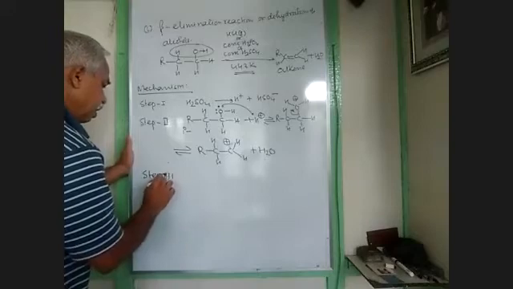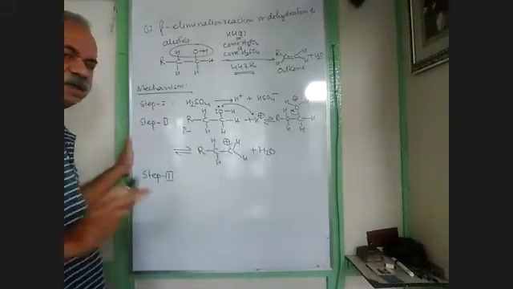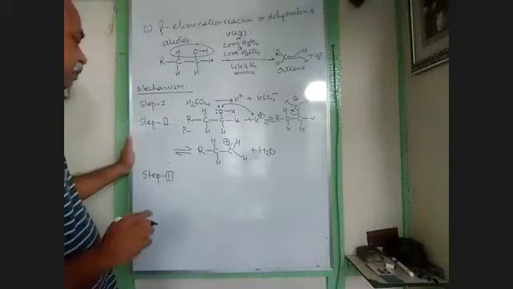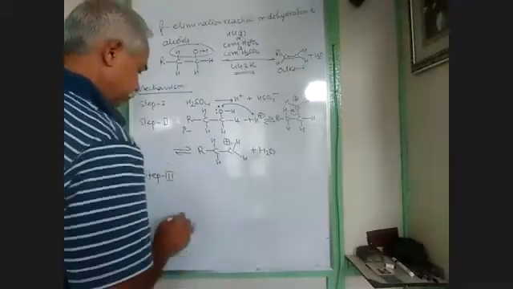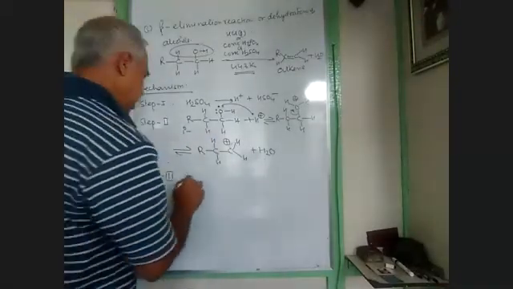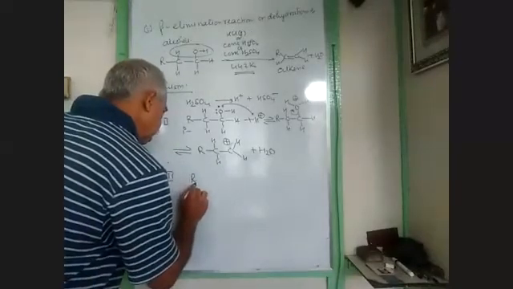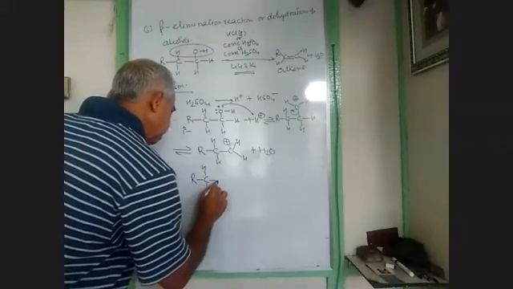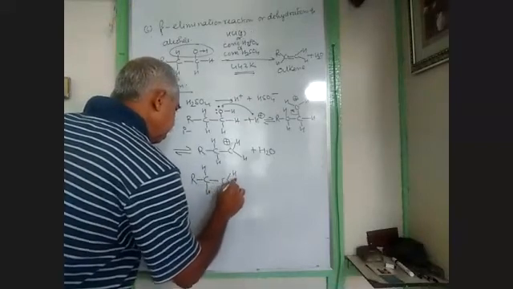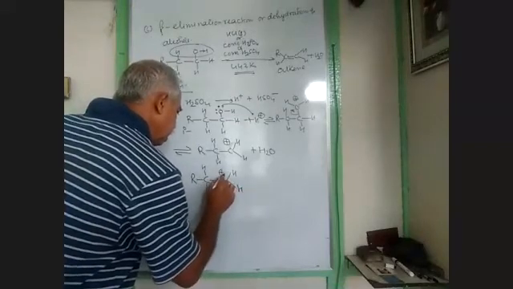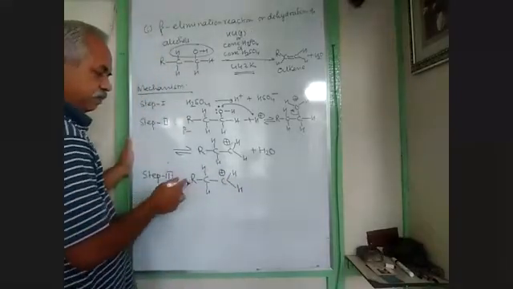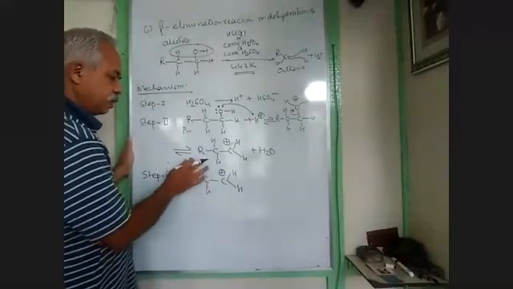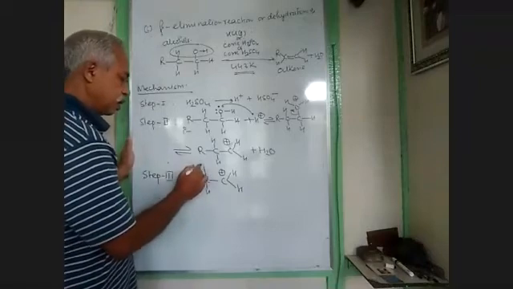See, these are reaction intermediates. Reaction intermediates are not stable. So what is going to happen now? R, C, H, H, H, H. Clear? Now see, this carbon hydrogen bond has how many electrons? 2 electrons.